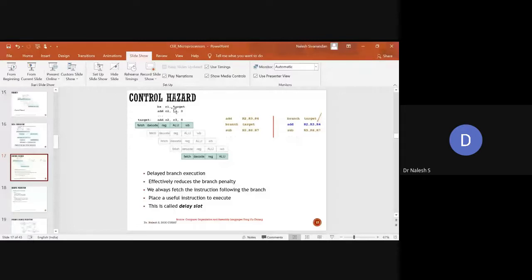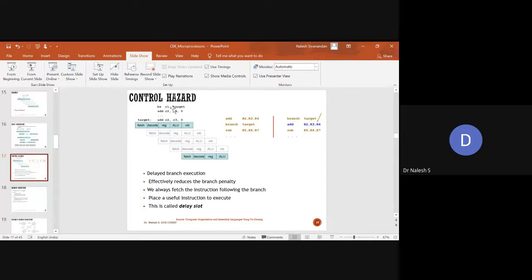So I'll repeat. You have this branch instruction. You fetch the instruction, execute, and based on the result, you have to execute either this add or the target add. Now, in order to save some time, instead of waiting for the branch to complete, you immediately start the next add.